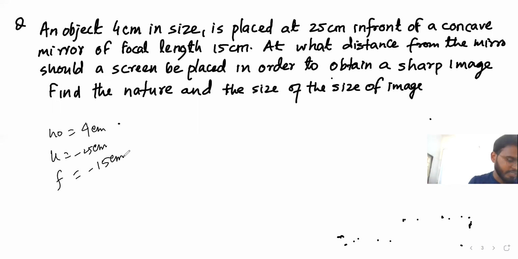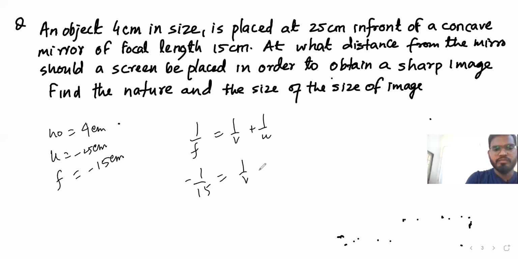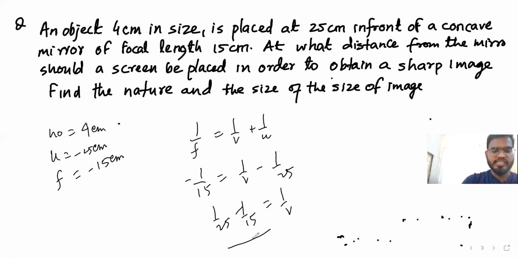Okay, so if you'll find here V, 1 by F is equal to 1 by V plus 1 by U. Then we can say 1 by F is minus 1 by 15, 1 by V minus 1 by 25. So that side it will go. Then it is going to be 1 by 25 minus 1 by 15 is equal to 1 by V. The LCM is going to be how much? 75. And then we can say 3 minus 5, right?